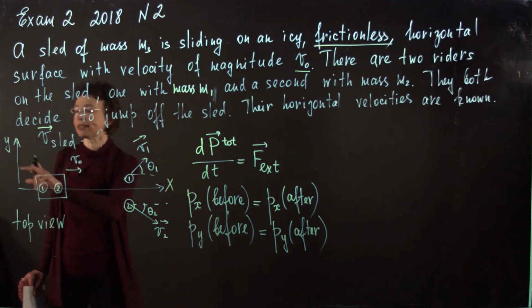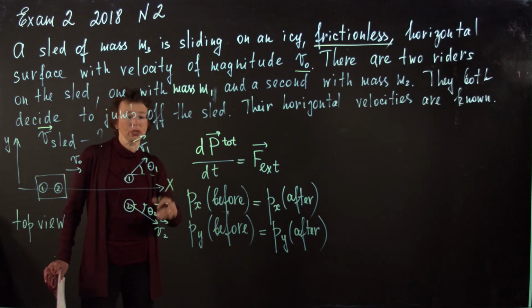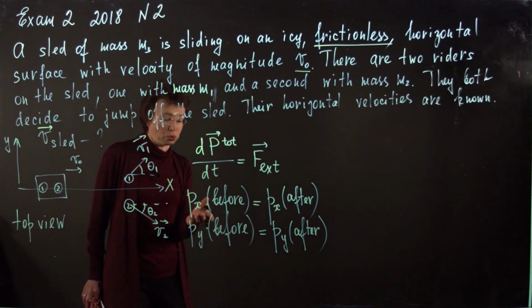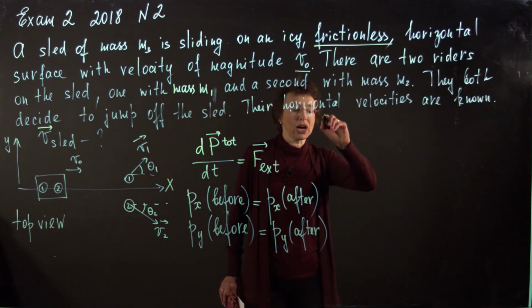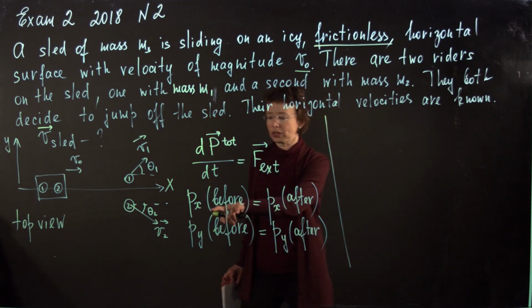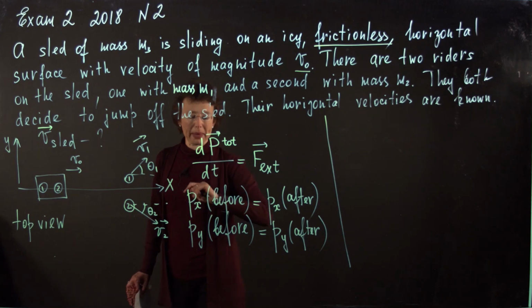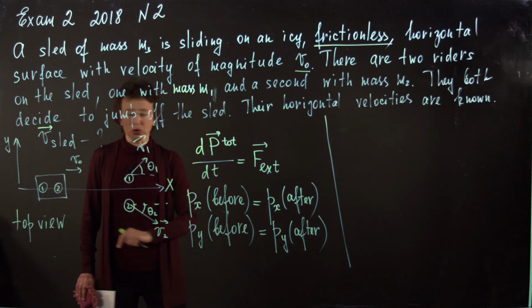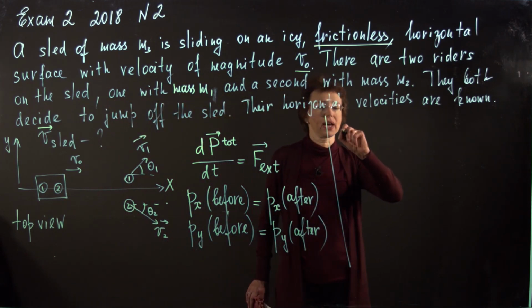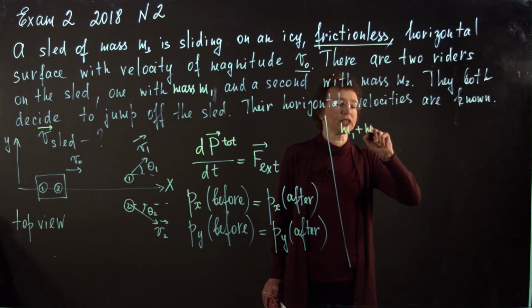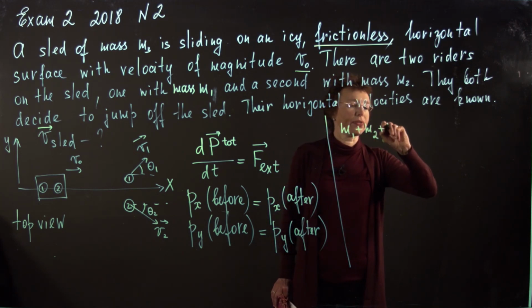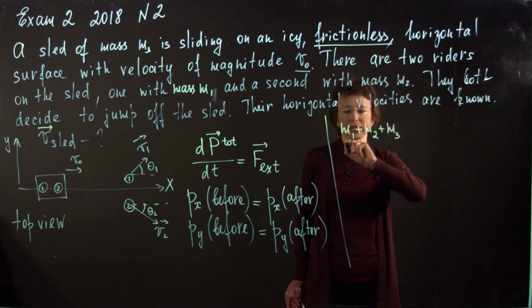This is my x, this is my y. If you don't have a coordinate system, then I don't know what you mean by projection of momentum on x and on y. Now we are ready to write the projection of total momentum in x direction. So we have a rider with mass m1 and rider with mass m2 and the sled with mass m3.